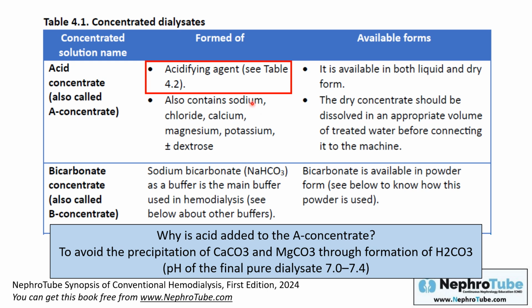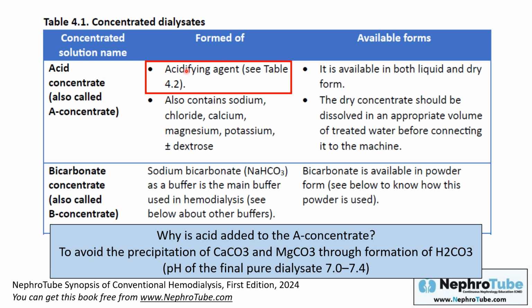First of all, why are we adding an acid to the A concentrate? This is the same idea as why we are separating the acid concentrate from the bicarbonate concentrate. We are adding acid or acidifying agent to the acid concentrate because later on the hemodialysis machine will mix acid concentrate with bicarbonate, and again this may cause calcium carbonate and magnesium carbonate precipitates.